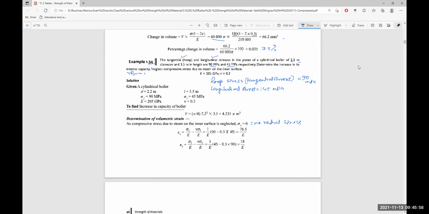Sigma x, or the hoop stress or tangential stress, is given as sigma c divided by E minus nu sigma L by E. What is sigma c? Sigma c is the hoop stress given, and sigma L is the longitudinal stress given.